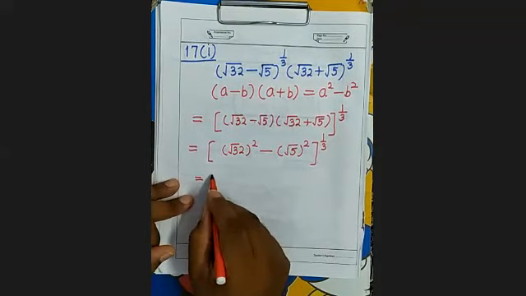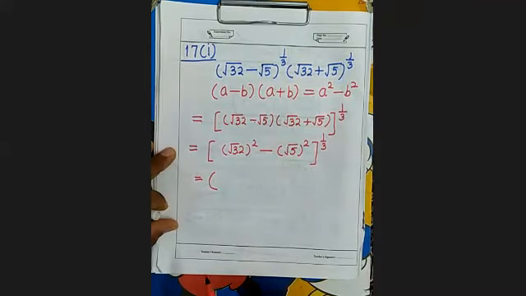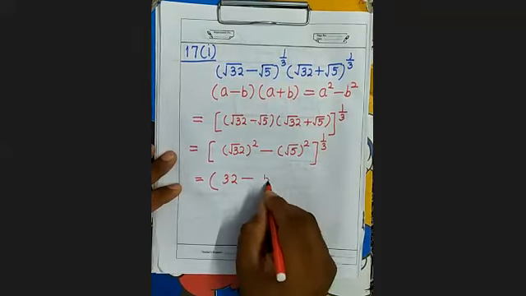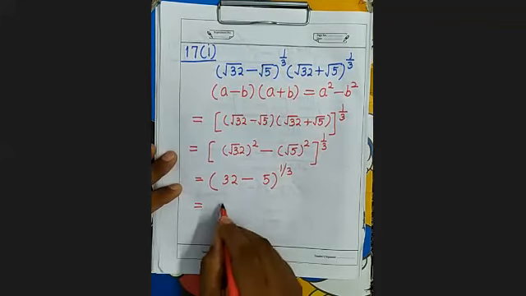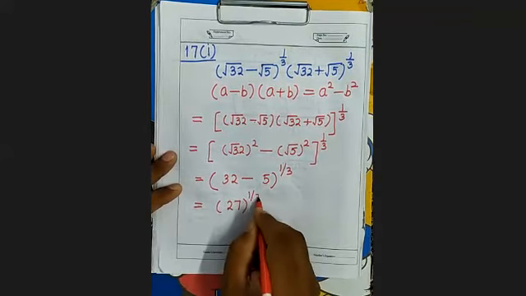And when we do the square of a square root number, the square root is removed. So 32 minus 5, so it is 27 whole to the power 1 by 3.